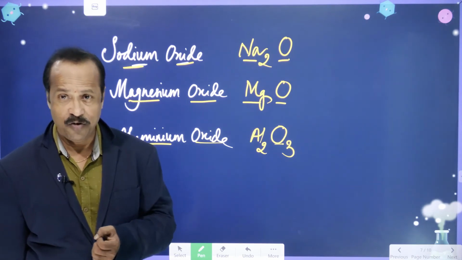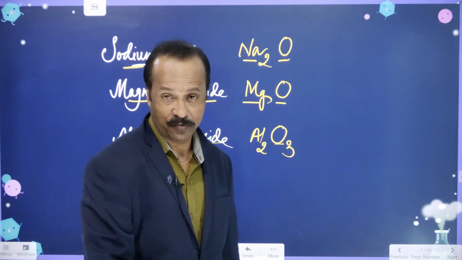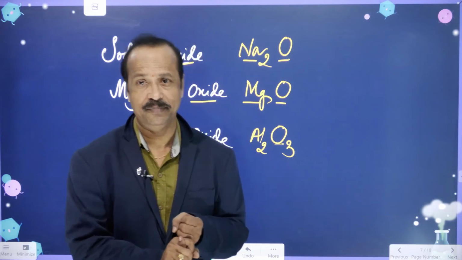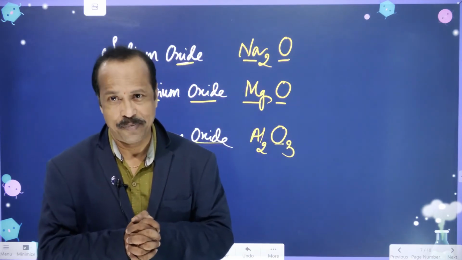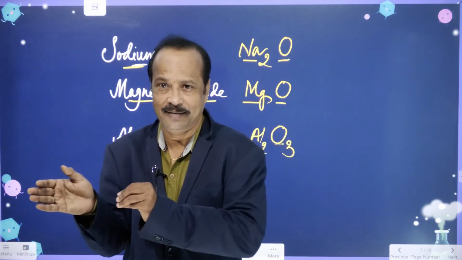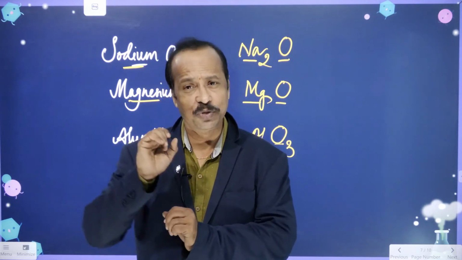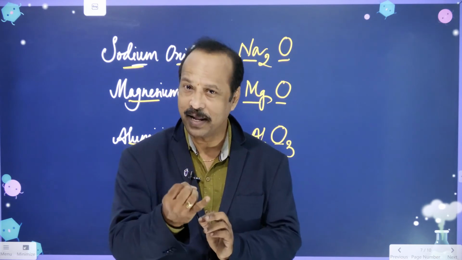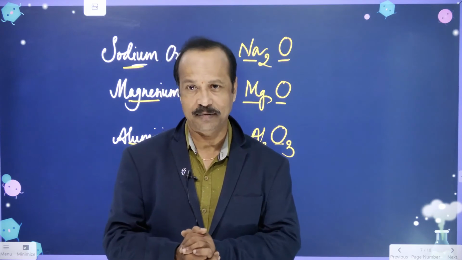So students, if you want to learn English, first you should know the alphabets, A, B, C, D, right? Then you should know how to frame the words. Then you should know how to write the sentences, right? So here also in chemistry, first you should know the alphabets, that is, the elements. You should know the element names and their symbols and their valences.